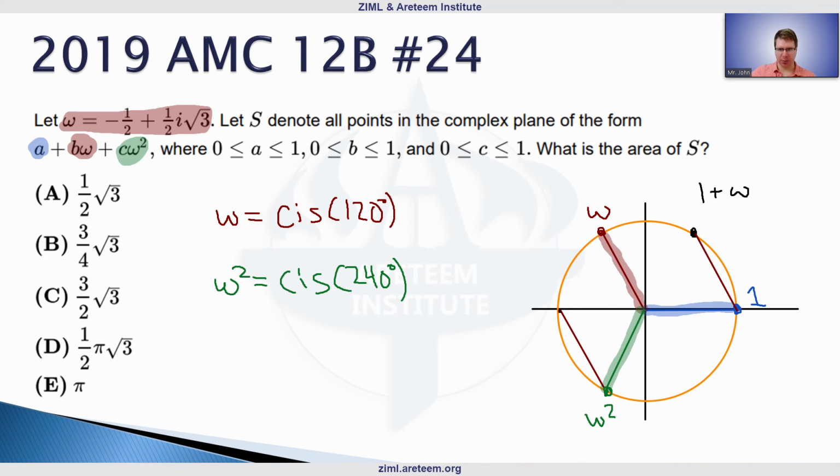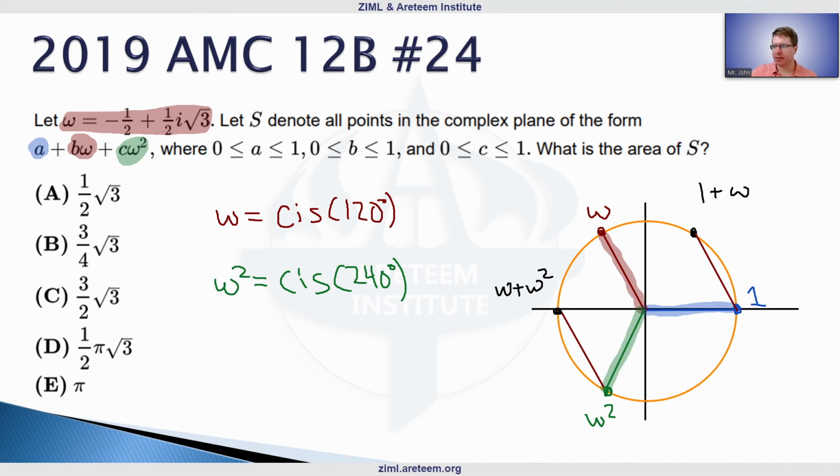So this point here is omega plus omega squared. And again, hopefully it's clear that by changing the A's and B's or B's and C's, we can get every point along these lines as well.